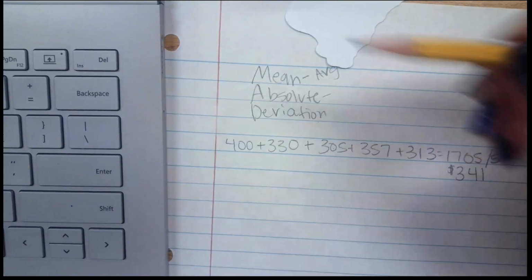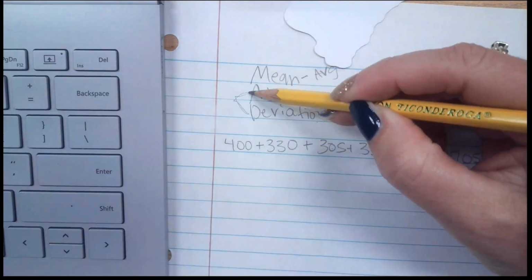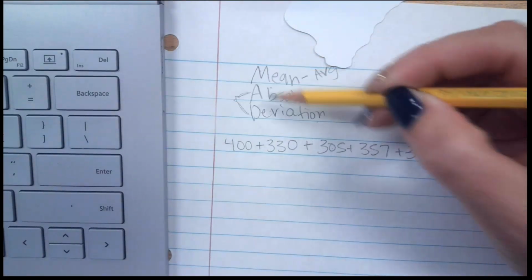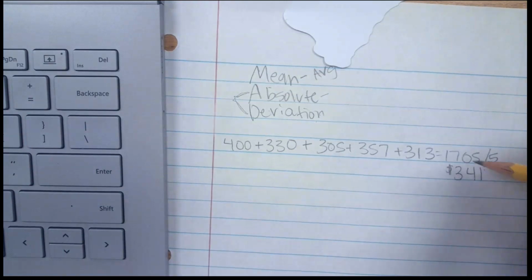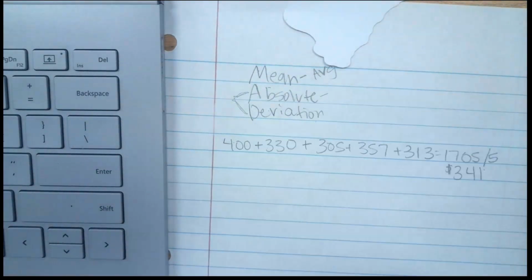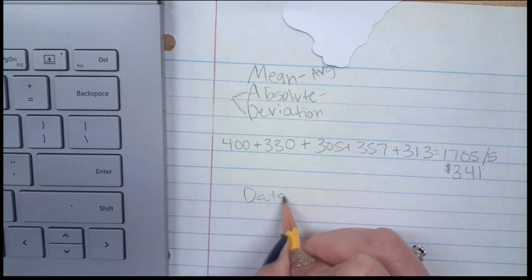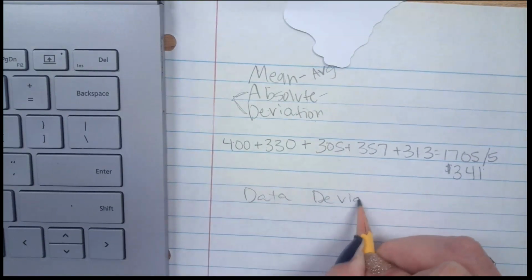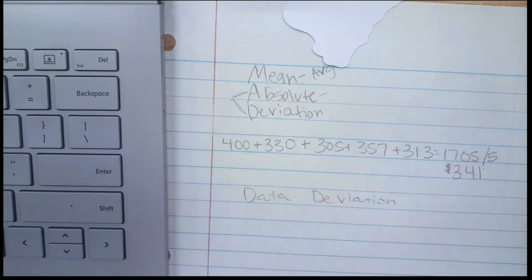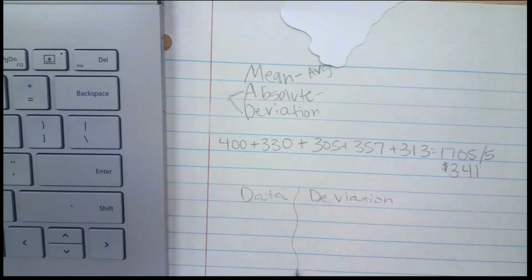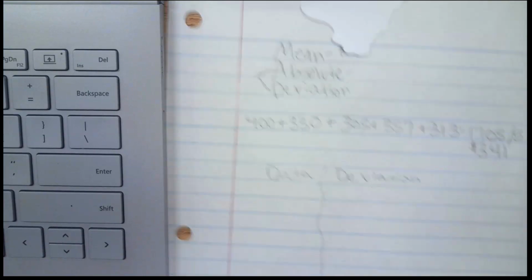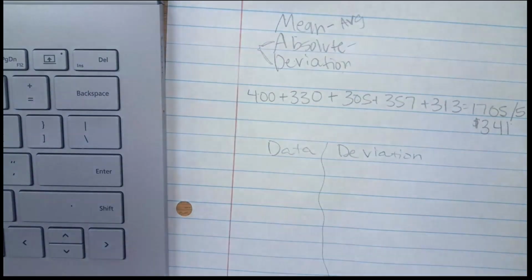So now our job is to find what the average distance from this 341 these movies are. So what I like to do is create a table. Here's your data, here's your deviation, and I just do the absolute deviation in one step. So instead of doing a negative or a positive, it's just whatever the positive is, however far it is.